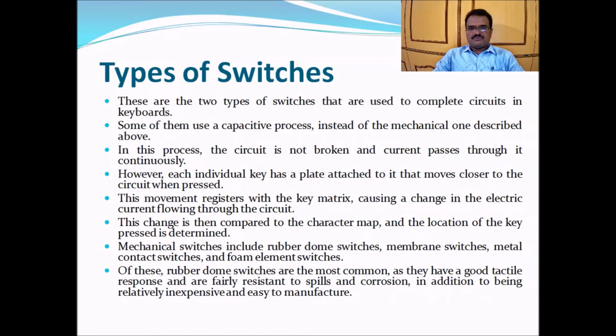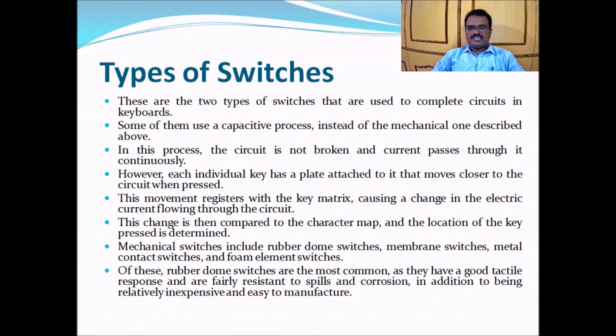So, types of switches on the keyboard. There are two types of switches that are used to complete circuits in keyboards. Some of them use a capacitive process instead of the mechanical one described. In this process, the circuit is not broken and current passes through it continuously.